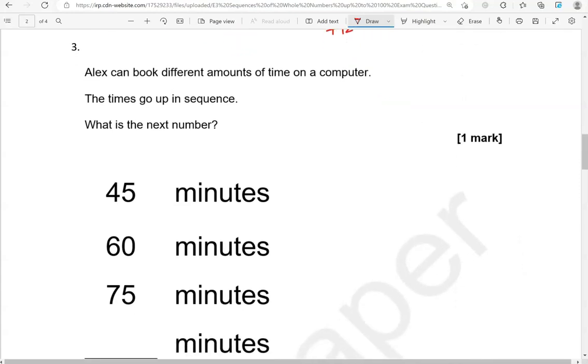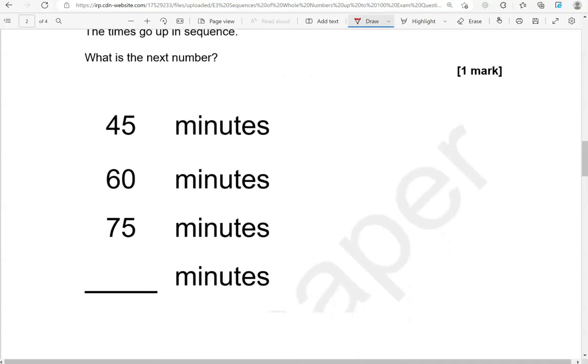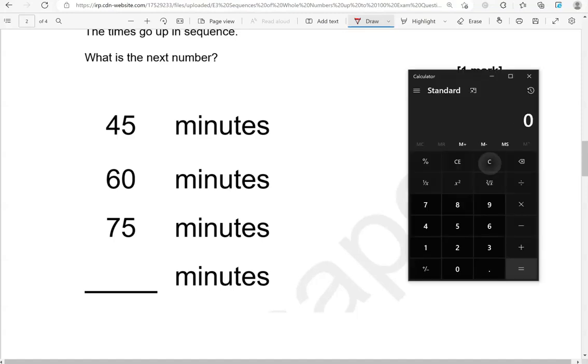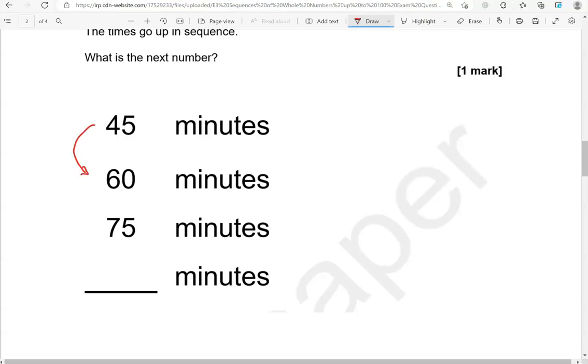Alex can book different amounts of time on a computer. The times go up in sequence. What is the next number? So we've got 45 minutes, 60 minutes, 75 minutes, and then we'll need to find the next number. So if we do 60 take away 45, that tells us that we add 15.